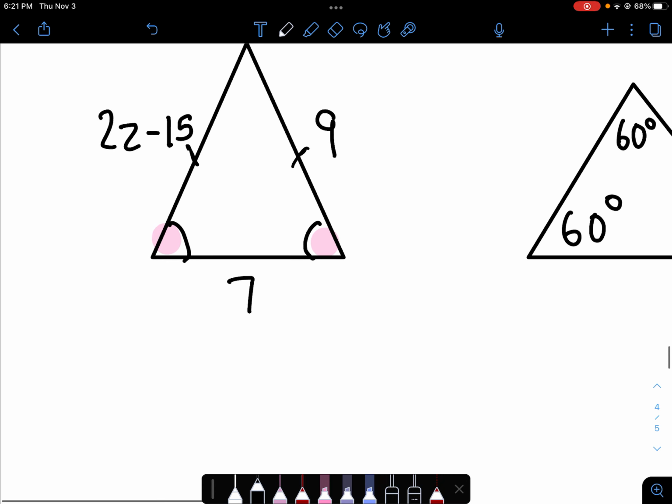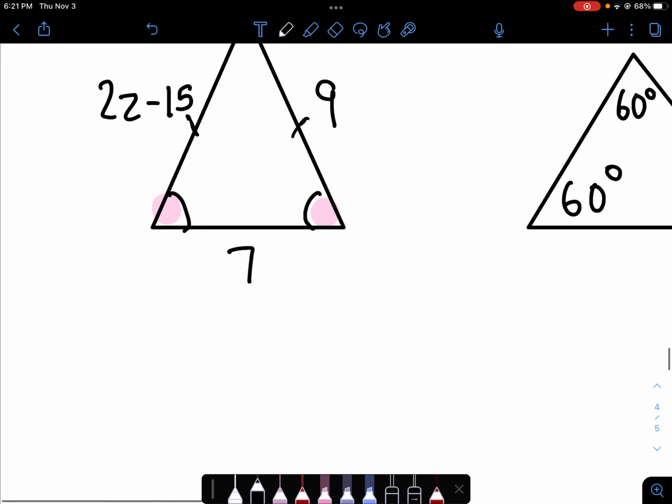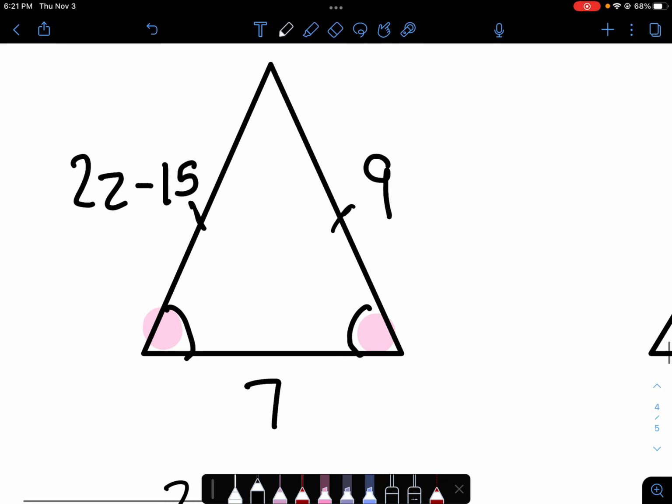So, off the bat, we see that this triangle is isosceles. So what are we going to do? Let's solve for z. So 2z minus 15 equals 9. Why? Because the two legs here that are marked are equal.